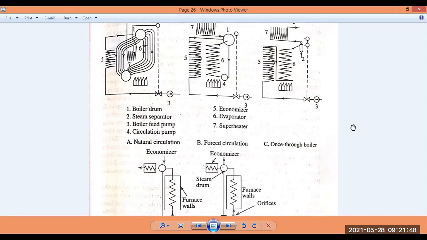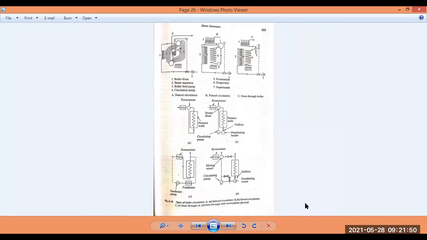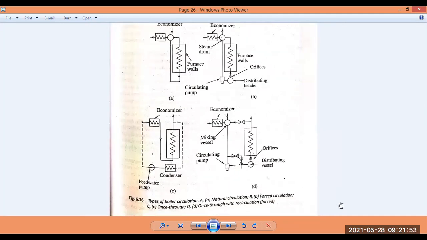Now let us go through the schematic diagram. It shows a schematic flow diagram of a common natural circulation steam generator. Water at 160 degrees centigrade here.